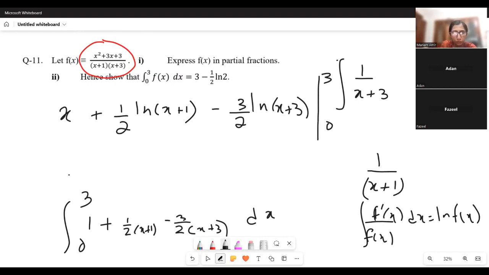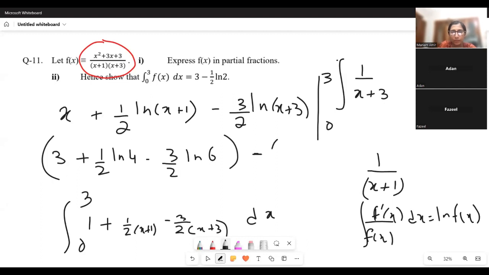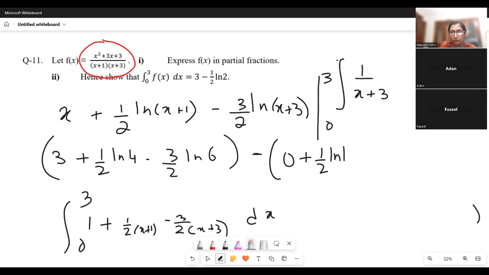Okay, first I'm going to substitute 3. So 3 plus half ln 4 minus 3 upon 2 ln 6. Then a negative sign. And we get 0 plus half ln 1 minus 3 upon 2 ln 3.